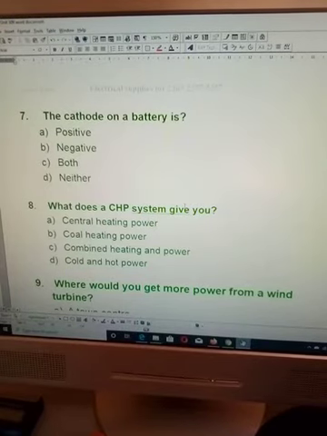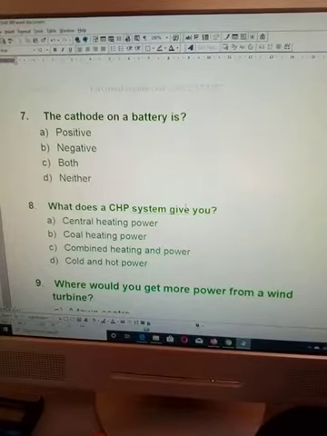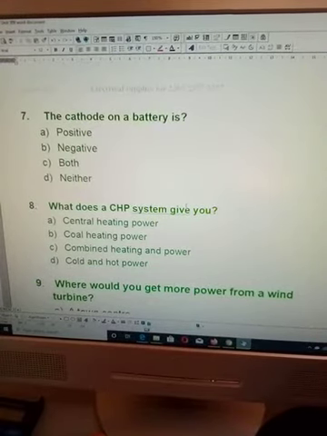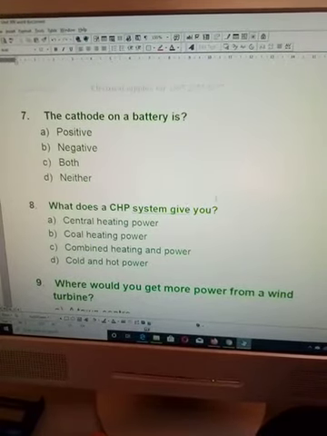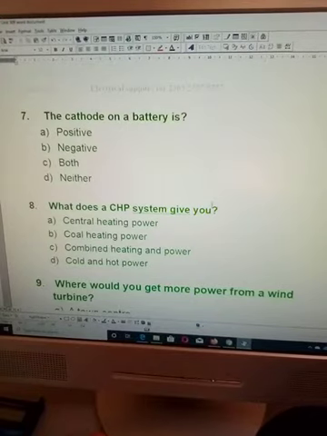It could be neither. But again, look up the information. Look at the handouts you've been given. Do some research on batteries, basically. If you then have any doubt, simply search cathode on Google, and it will tell you exactly what the information is and what the answer is.